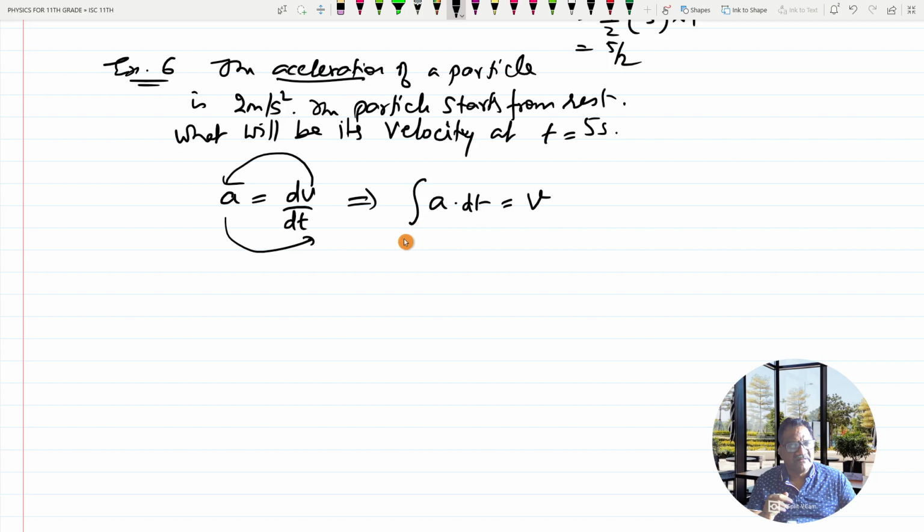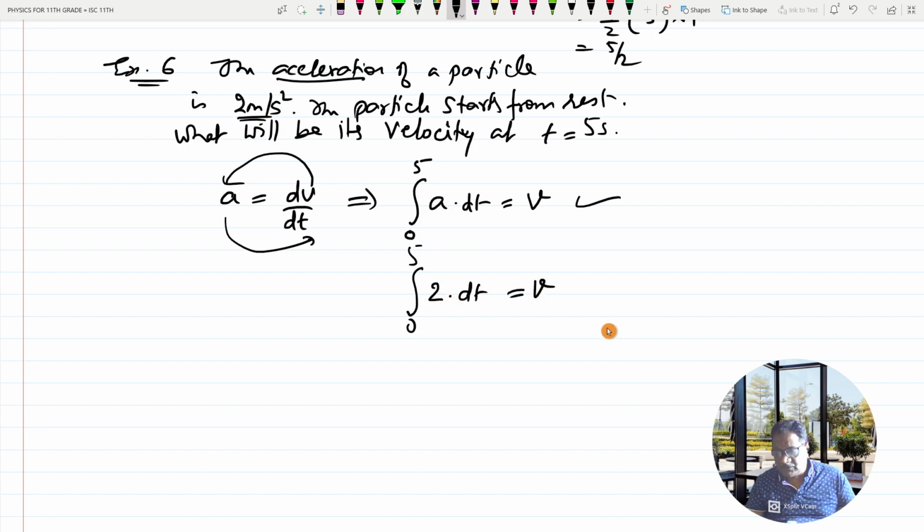Here, because the particle starts from rest, I'll put 0, and at t equal to 5, I'll put 5. So from time 0 to 5, the integral of acceleration, which is given as 2, dt, will be my v.